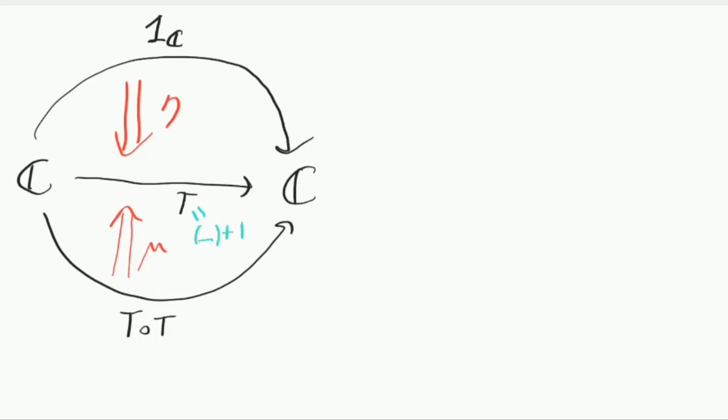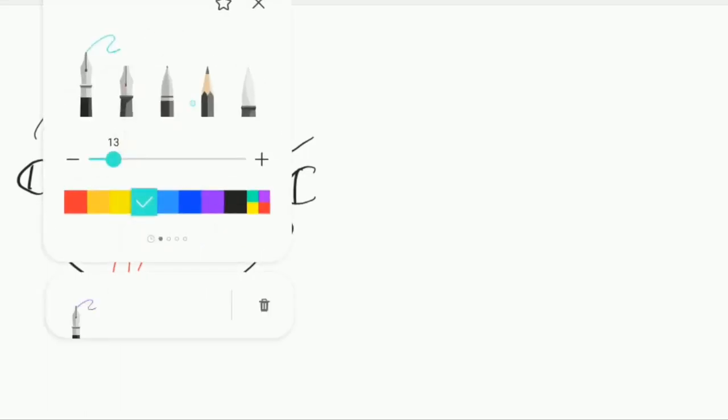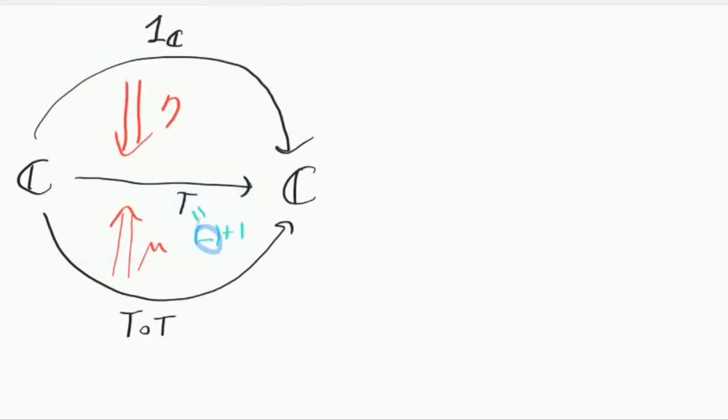So here this blank represents what we're operating this functor upon. What that means is if we do our maybe functor T on an object A, then we end up getting A plus 1, which is the coproduct of A and the terminal object.